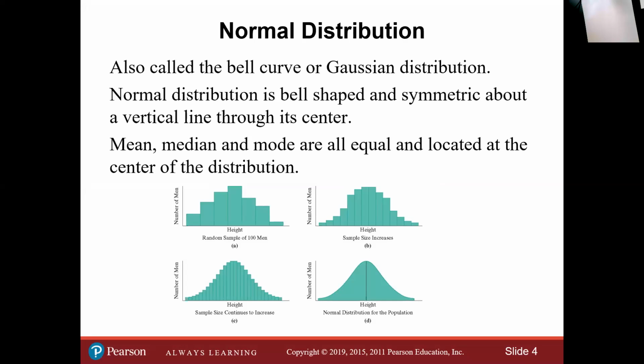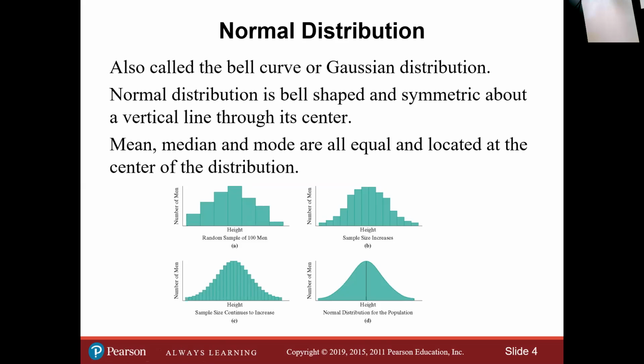If you look at these data sets right here, heights, a random sample of 100 men, you're going to have an average height in the center, and most people are going to be close to that average height. Some people will be a little shorter, some a little taller, but most people will be close to the mean. Towards the ends, you have some people who are very short and some who are very tall, but those are rare.